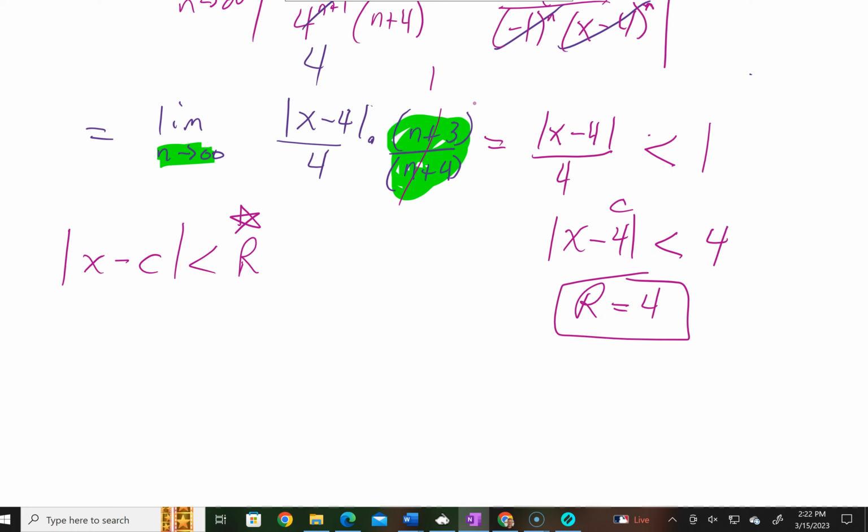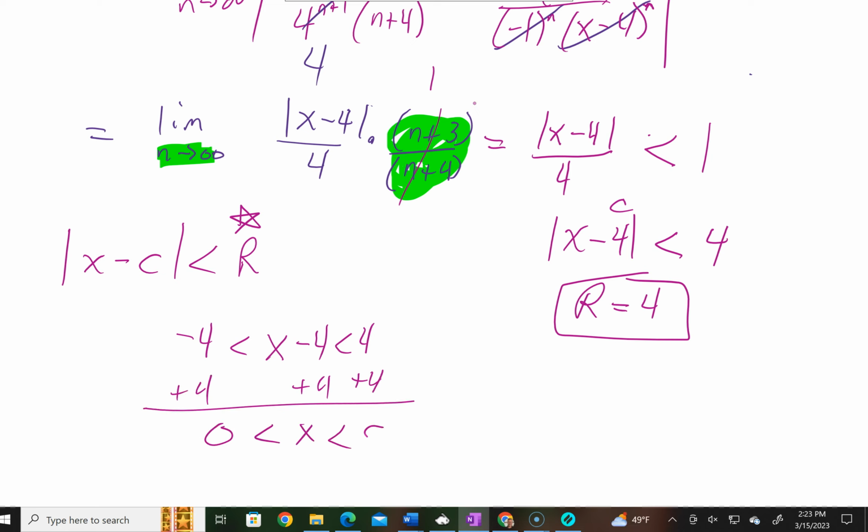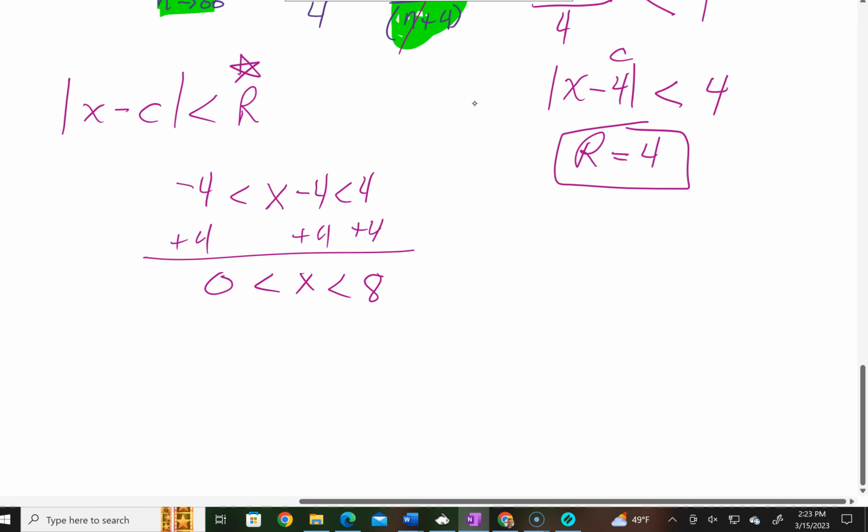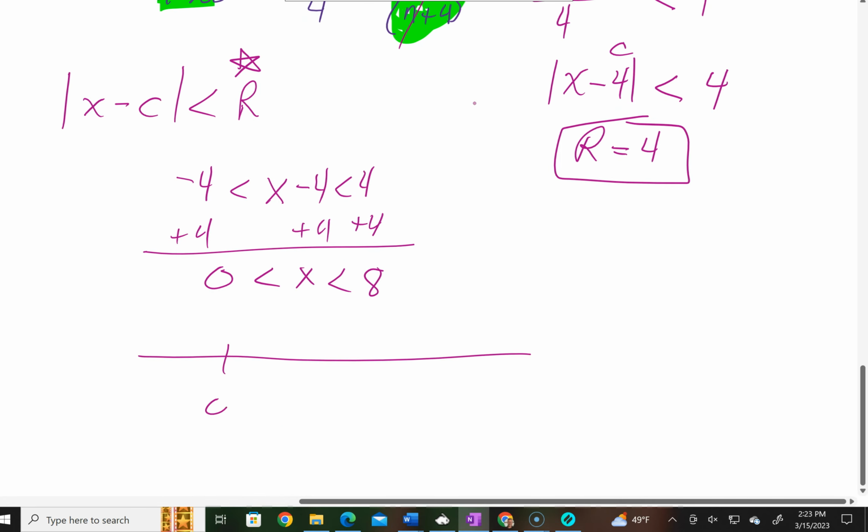At 4. And sometimes kids are saying, look, I feel comfortable doing this. I can add a 4. By the way, you don't have to do this. And kids will go, see, this is good. I like that. And that's fine. Hey, on the number line, you're saying you're going between 0 and 8.